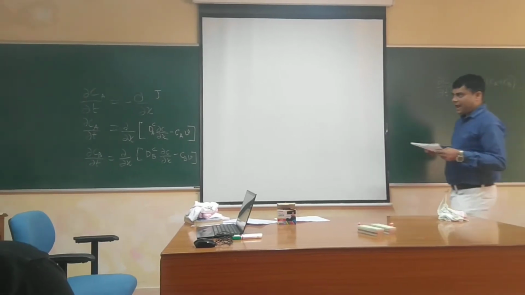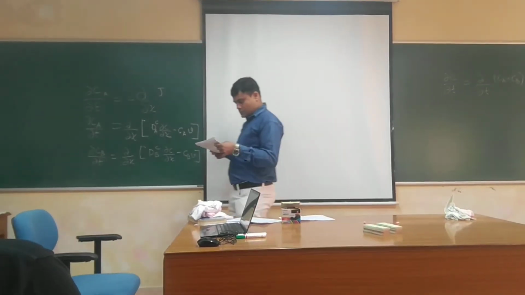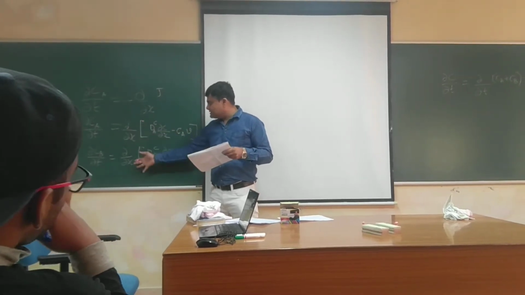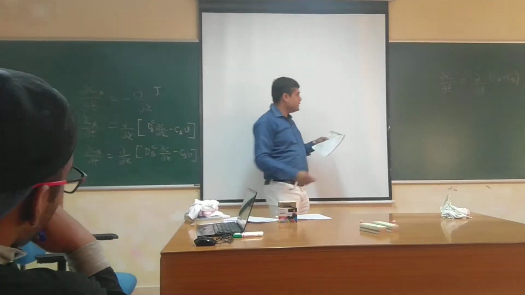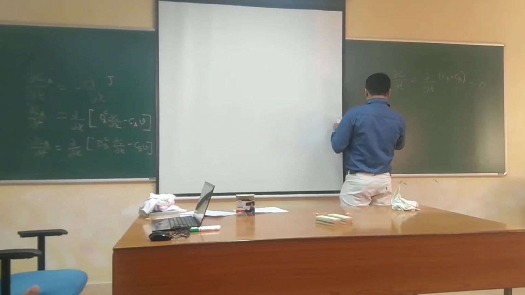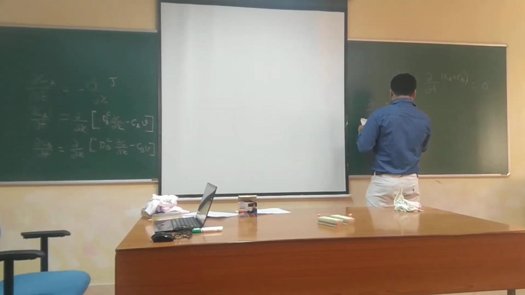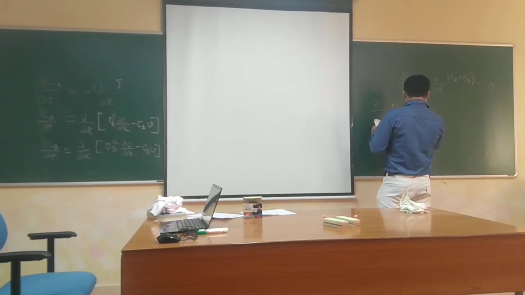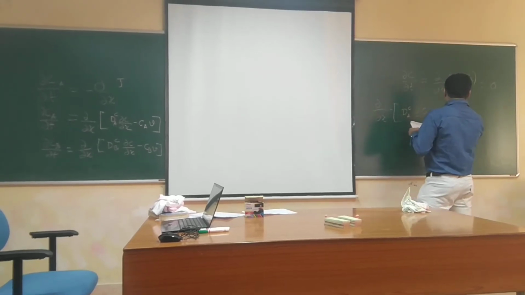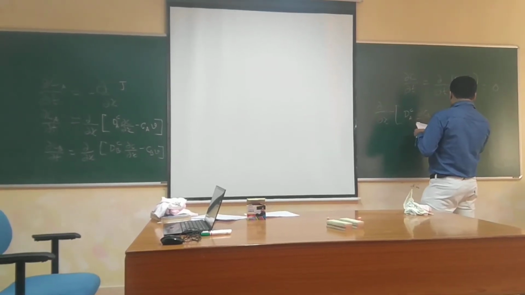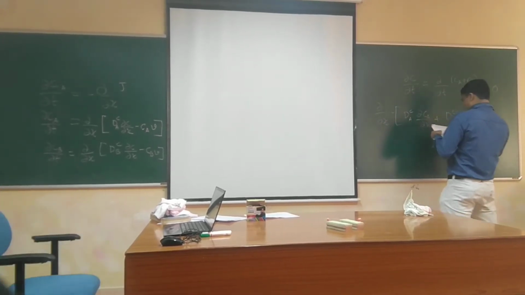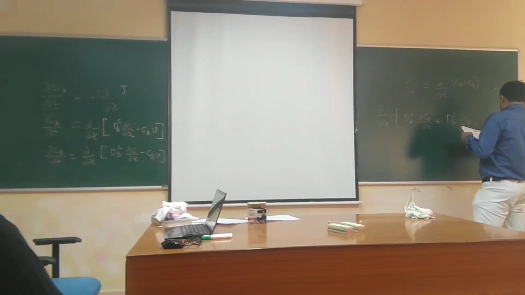So if I add these two, the right hand side will be del X of DAC del CA del X plus DBC del CB del X minus V multiplied by CA plus CB.